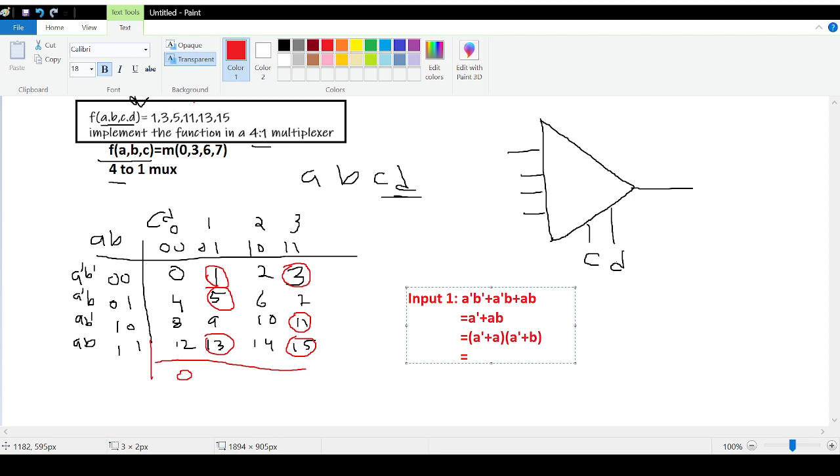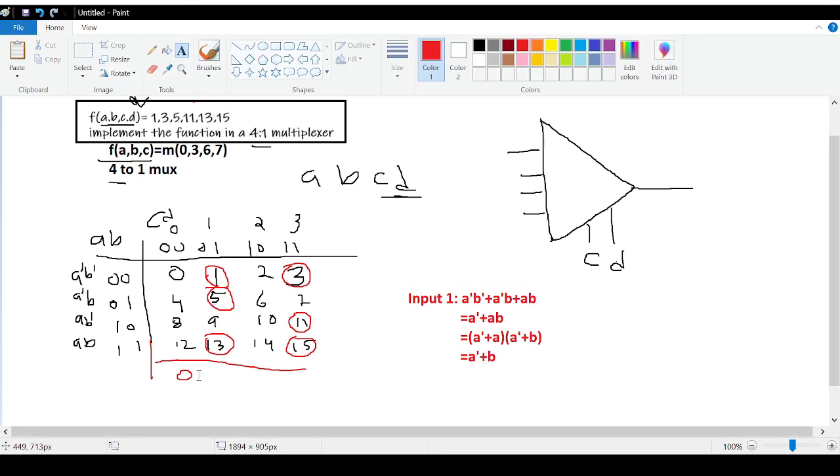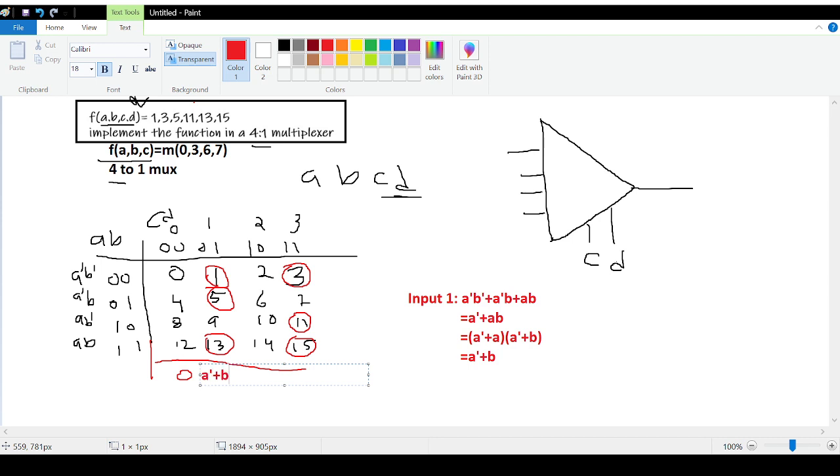A bar plus B. This is what will go through input 1. So for input 1, I will have A bar plus B. How about input 2? What will pass through input 2? Then 0. And input 3, can you simplify this?